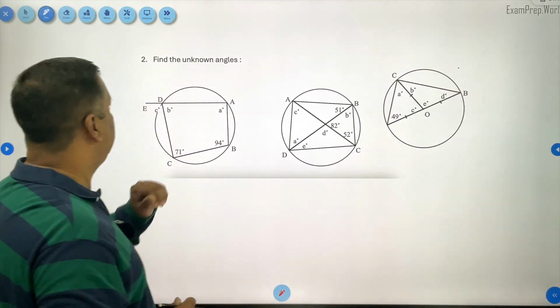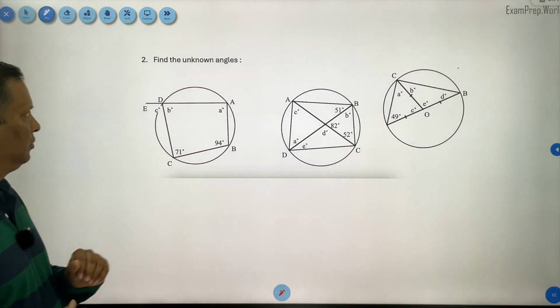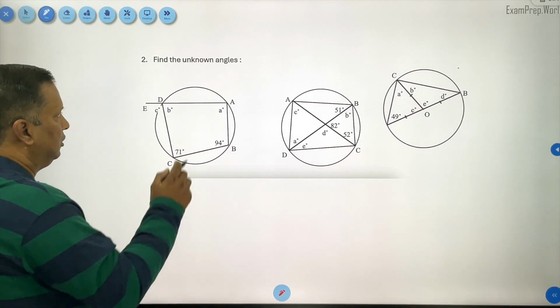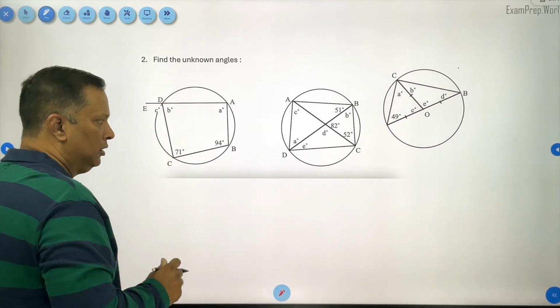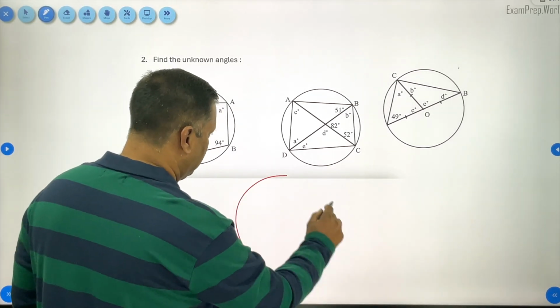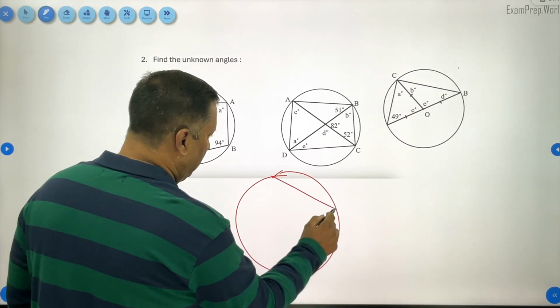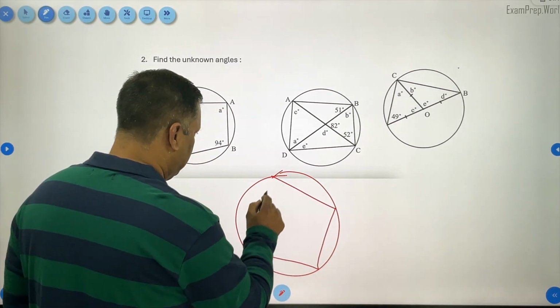We have next questions here. Now what is a cyclic quadrilateral? Cyclic quadrilateral means a quadrilateral in a circle.